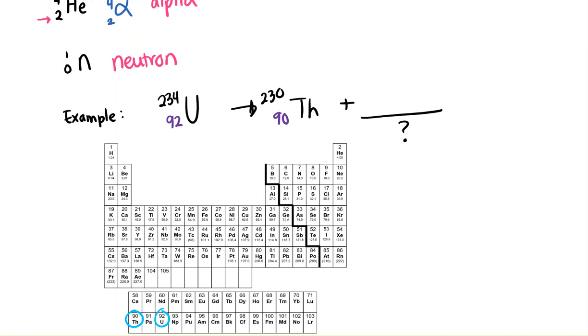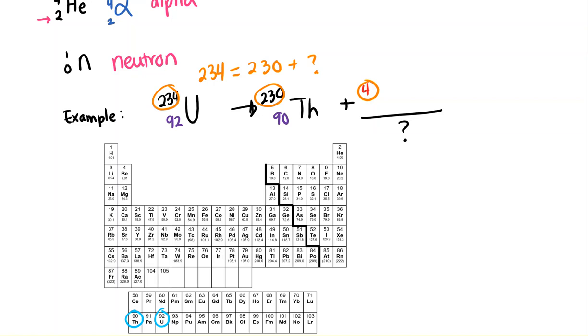What I mean by they're conserved is that these numbers have to be the same before and after. In other words, 234 has to be equal to 230 plus what? It looks like I need a 4 there.